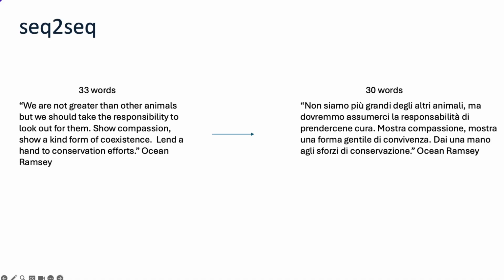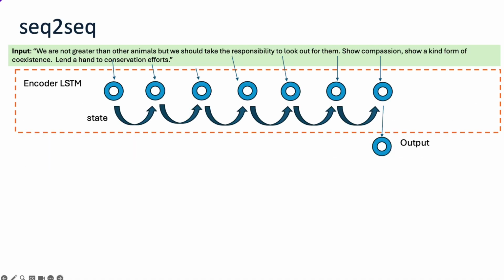And for the output, we will have different lengths for the different input sentences, but it's also a different length from the original input sentence. So in this example, the input sentence has 33 words, but the output sentence has 30 words. And recurrent neural networks can deal with these differences.